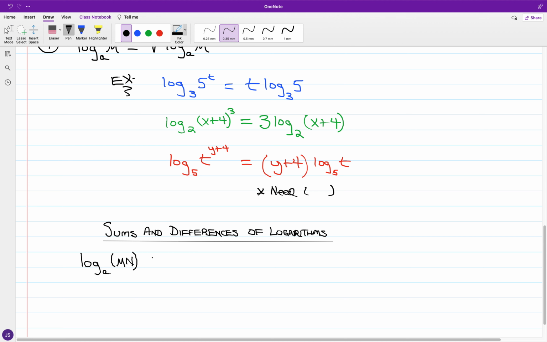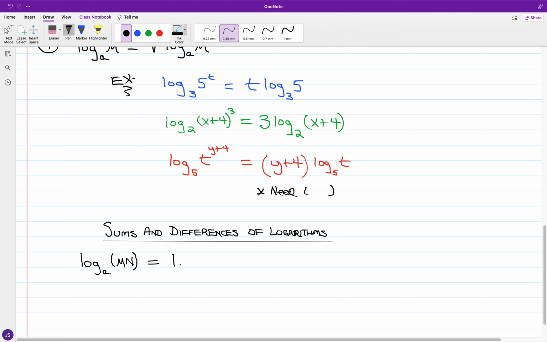In expanding, wherever you see multiplication, the translation goes from multiplication between factors to the addition of logarithmic terms in the same base, with the attachments laid out and separated.